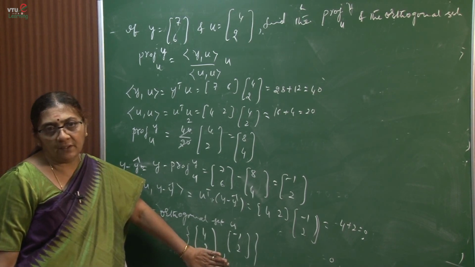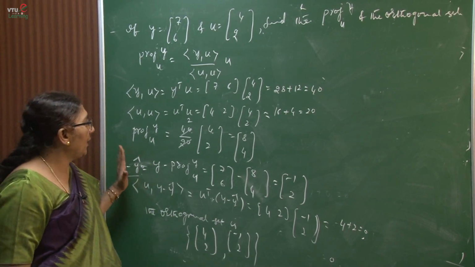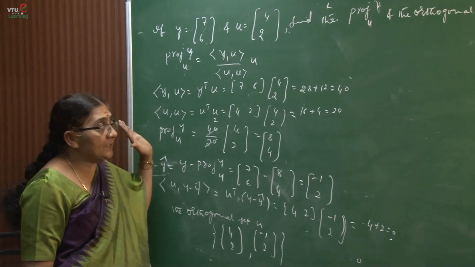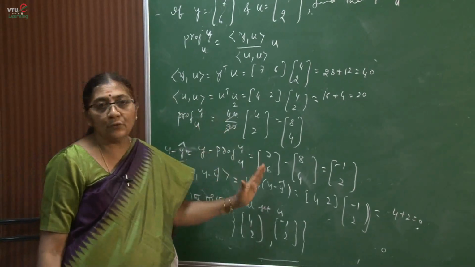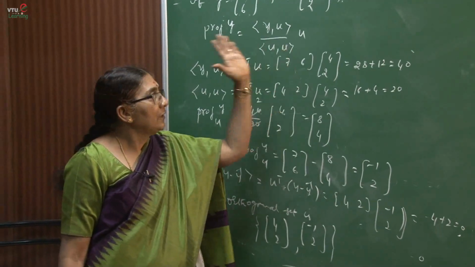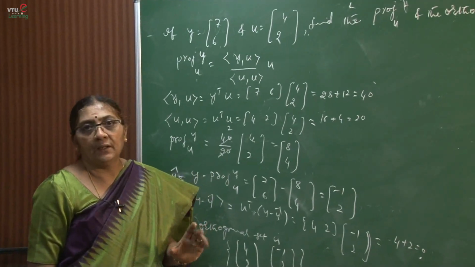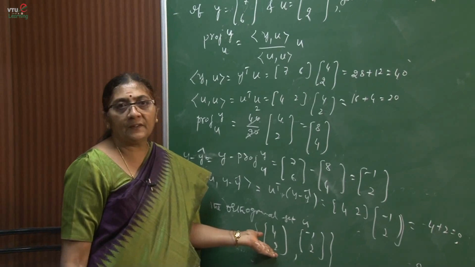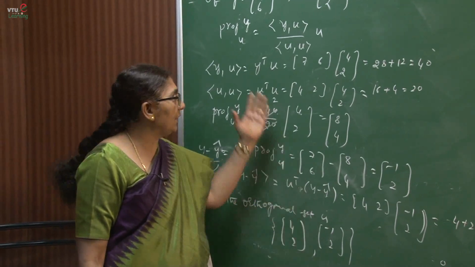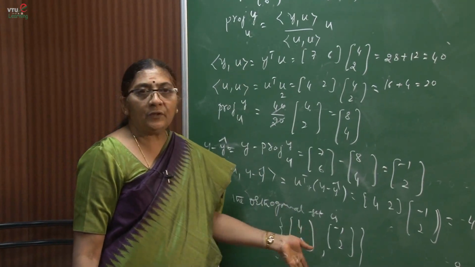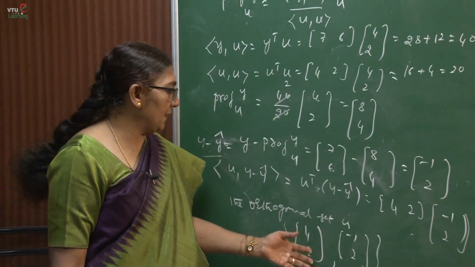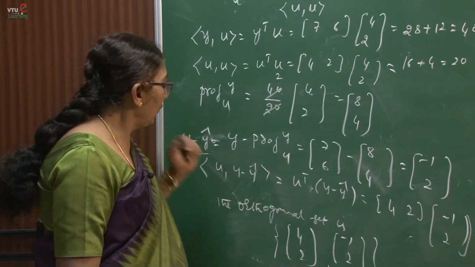I think it's clear how to find the orthogonal set. Before writing the solution of the problem, please look into the question and see what they are expecting, and based on that, do it. Coming back to the orthogonal set: if u and v are in a set, the inner product of u comma v must be 0. Then only can we say that it's an orthogonal set. How do we get it?